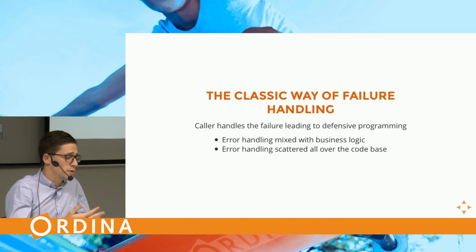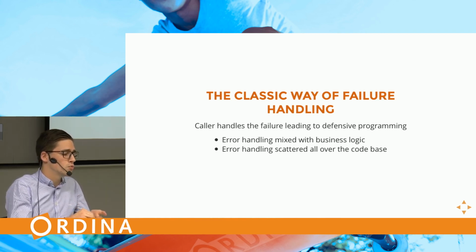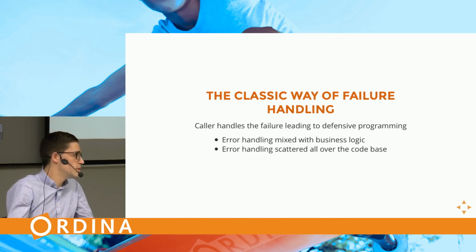What this will lead to is that you have your error handling, your exception handling code, mixed all up with your business logic. And every time you need to call the service's method, you always need to handle the same exception, probably multiple times, the same way.